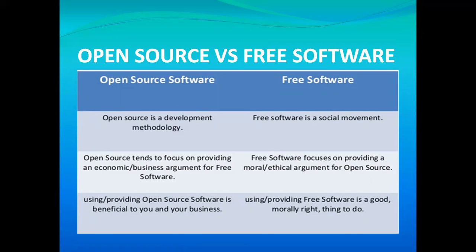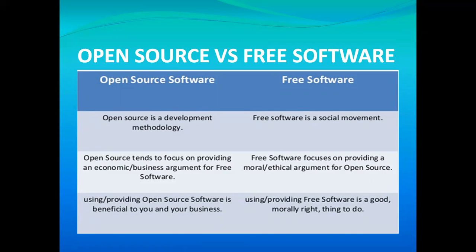Free software, on the other hand, is a social movement, because they talk about the freedom to do whatever you want with the program. So free software focuses on providing a moral, ethical argument for software. It is more on the moral and ethical side of what you can do personally, your freedom on what you can do to the program.